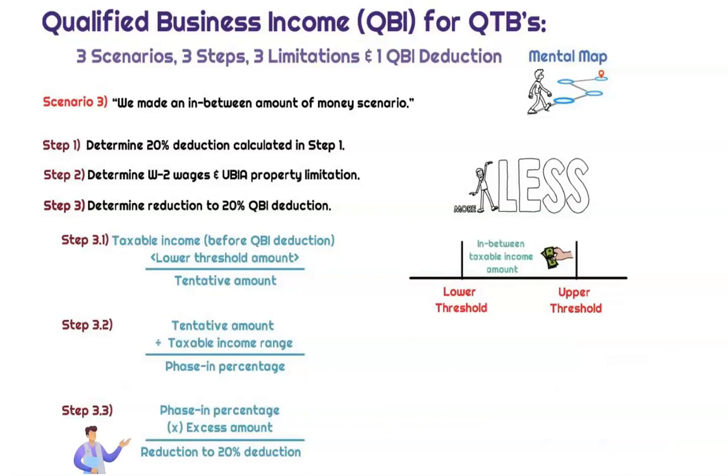We're going to multiply it by the difference between what we calculated in step 1, that first 20% limitation, and what we calculated in step 2, that second limitation. Once we have multiplied that percentage by the difference, we reduce the 20% QBI deduction by this amount. And you'll find this will always be less than what we calculated under limitation 2 in the we made too much money scenario.